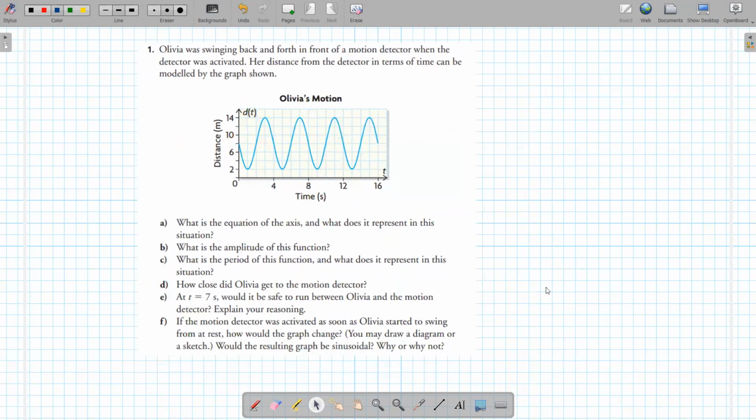Okay, so Olivia was swinging back and forth in front of a motion detector, and this is the graph that's given. All right, what is the equation of axis, and what does it represent?